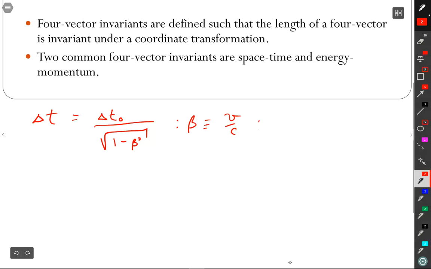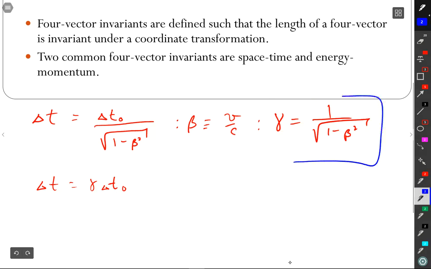But we also defined a new thing here, gamma, equal to delta T0. It has a name. It's the Lorentz factor. So already you can see, hey, Lorentz, now we're getting to introduce him. That factor is the one named after him.